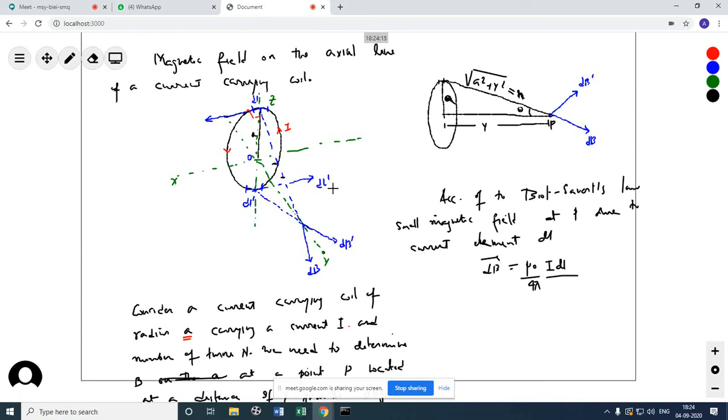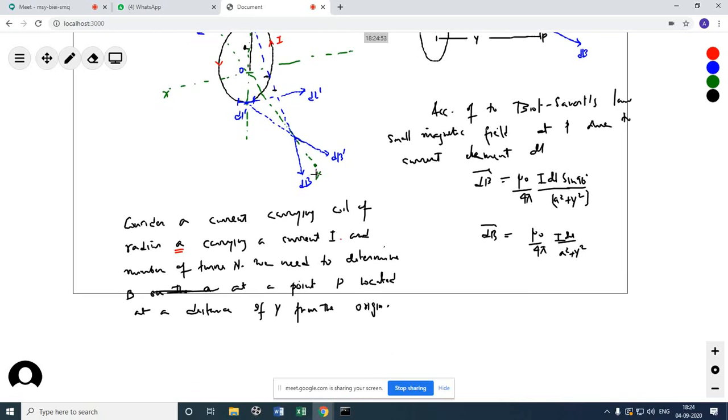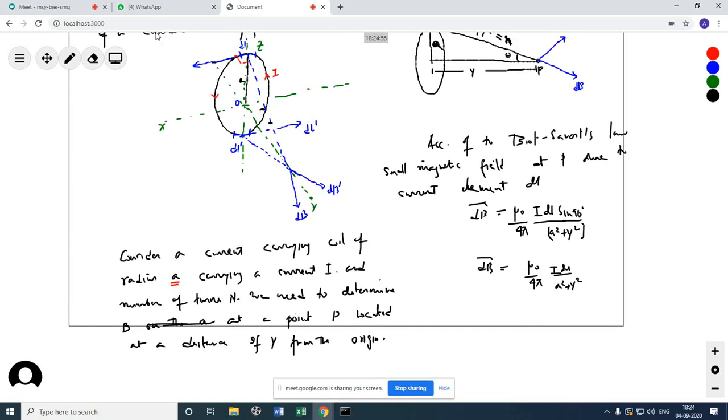Then according to Biot-Savart's law, dB, the small magnetic field at P due to current element dl, the dB vector would be equal to mu naught by 4 pi I dl.